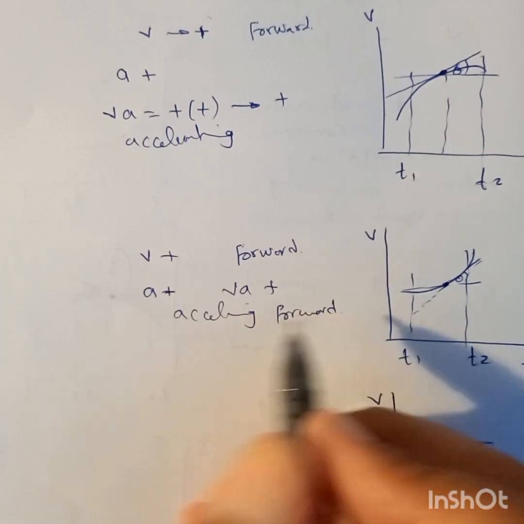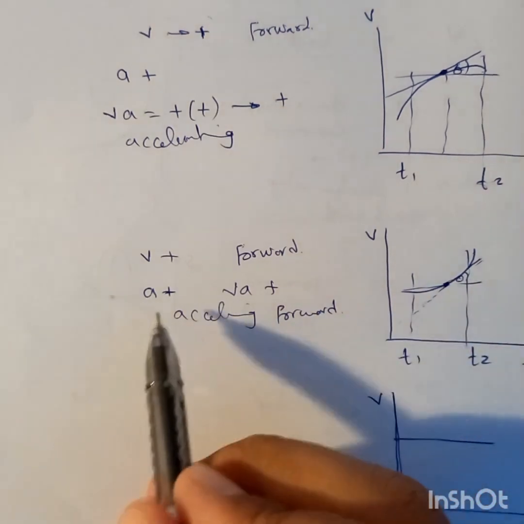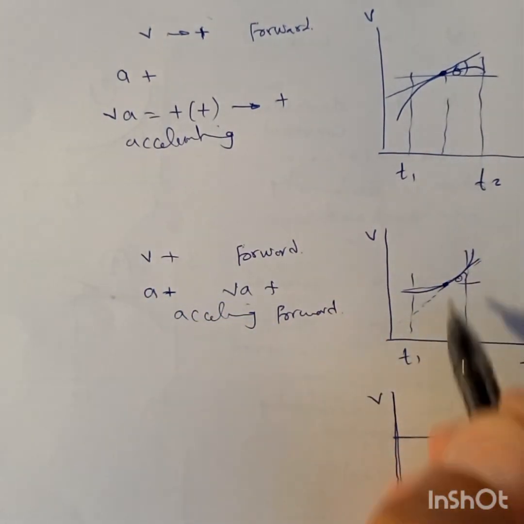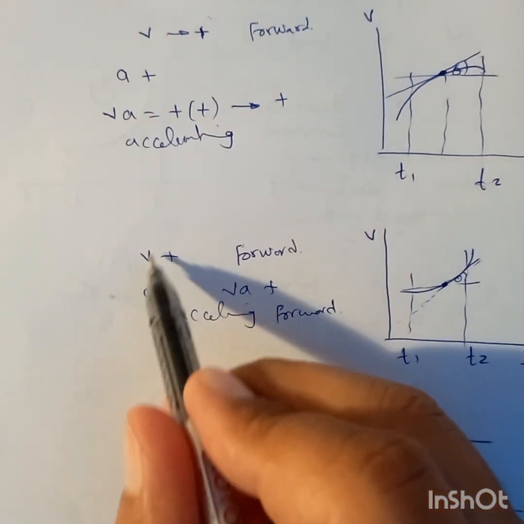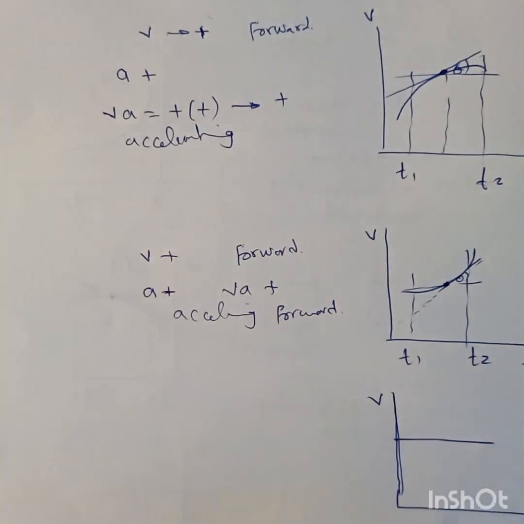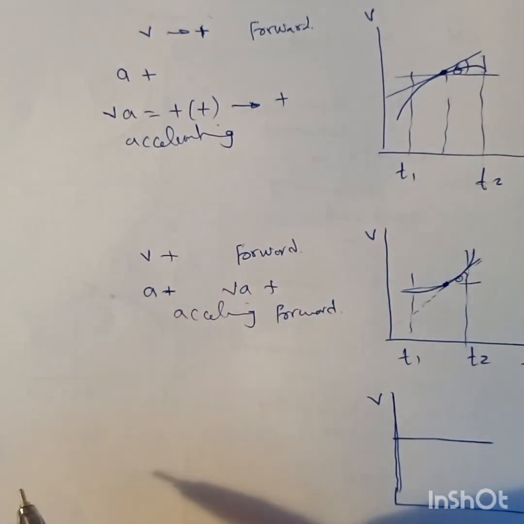Forward according to the sign of v, as the curve is above the x-axis, and the slope of this curve at any point between t1 and t2 is positive, then acceleration is positive, then v times a is positive, then we have accelerating forward or forward accelerating motion.